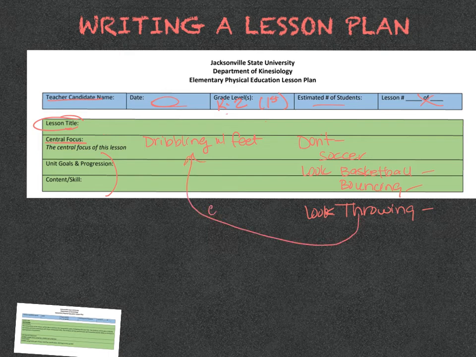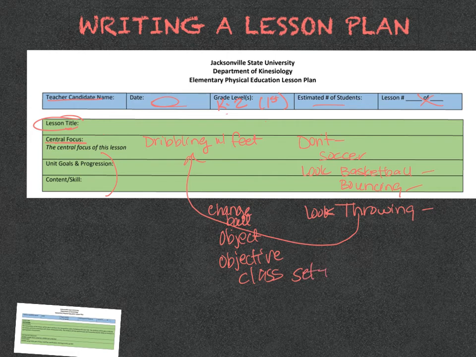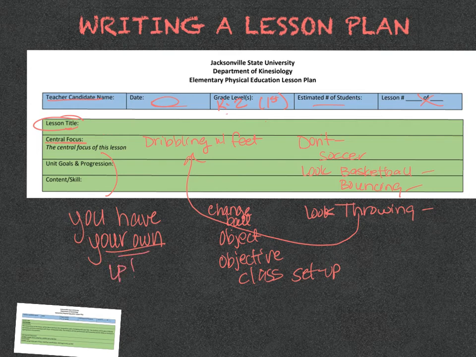Look up things like different skills, and then change the ball, change the object, change the objective, class setup, and all of a sudden you have your own lesson plan.